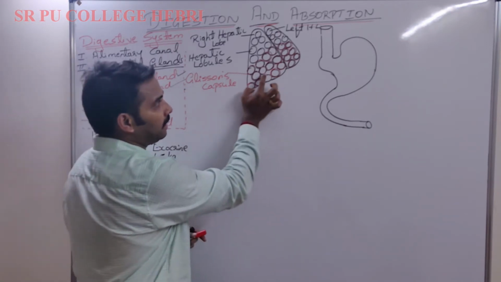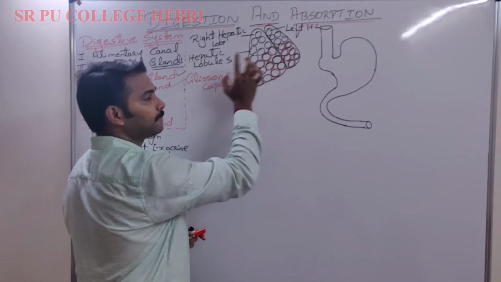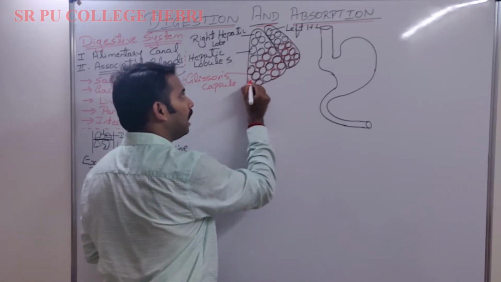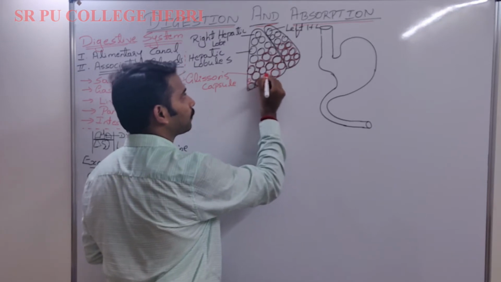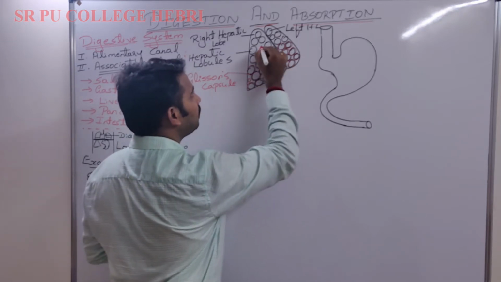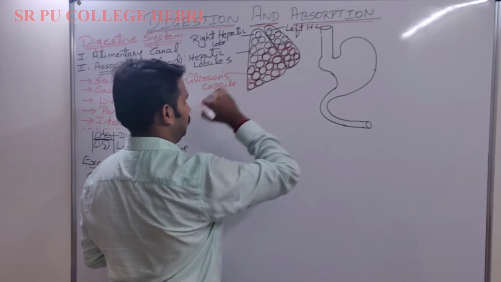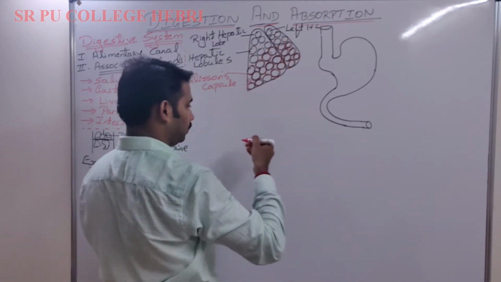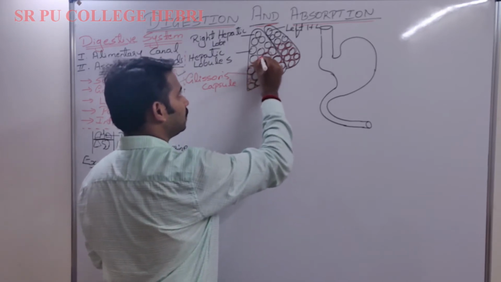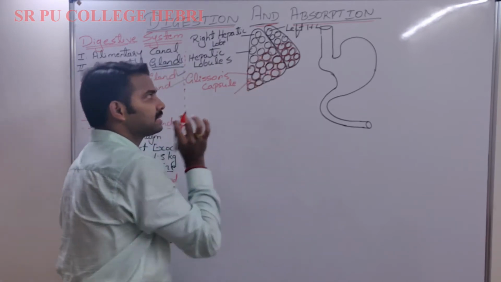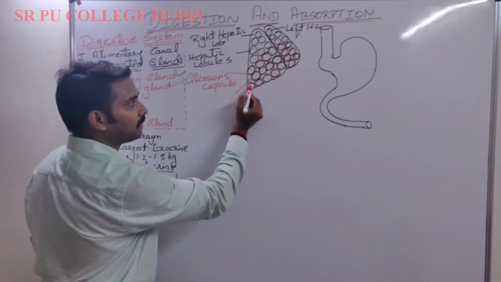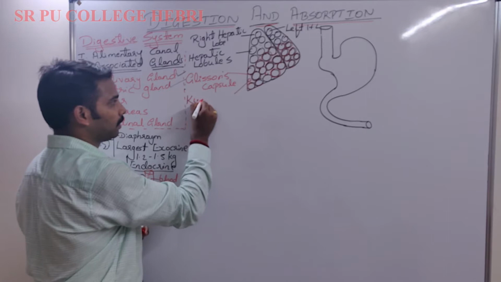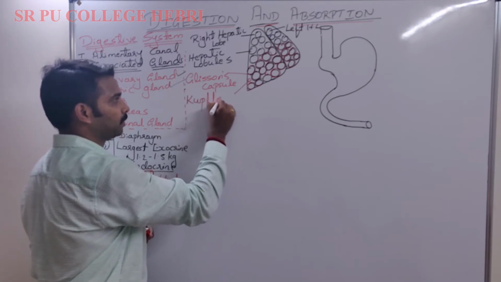Now, in between the lobules, can you see some space? In that space, you may find an amoeba-like cell. You may find what kind of cell? Amoeba-like cell. This cell present in between the lobules of the liver is called Kupffer cell.